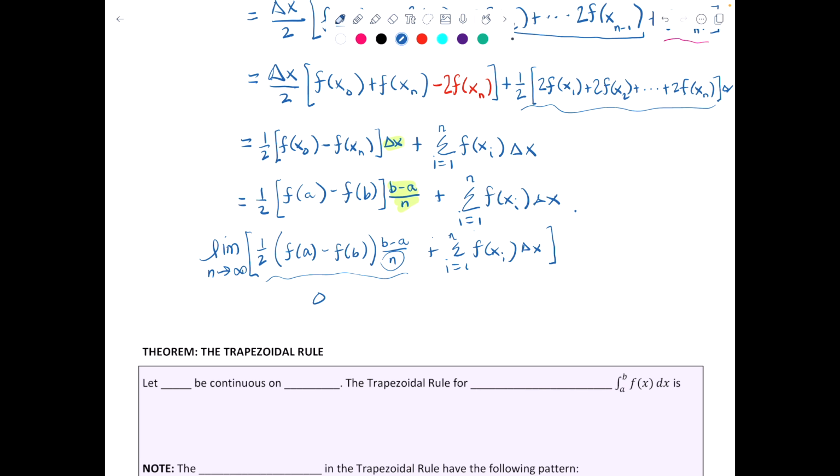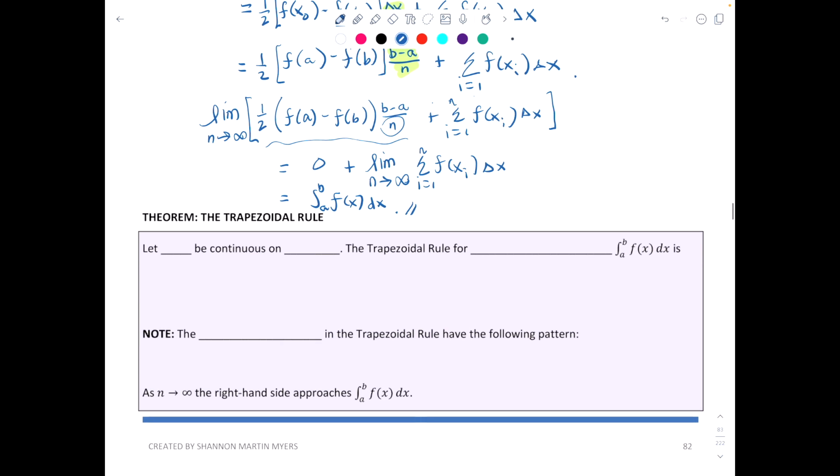And then the second limit will be which will be the integral from a to b of f of x dx. Cool, cool? So that's the proof for it.